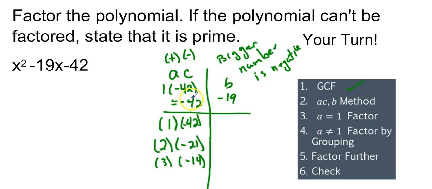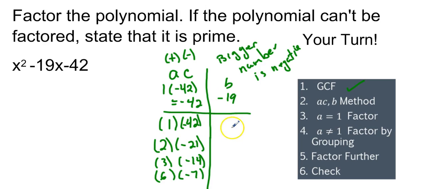Then I try 4 and 5, but neither goes into 42. Then 6 works: 6 times negative 7. The next number to try is 7, which is right here. So I've got all of the factors of negative 42.